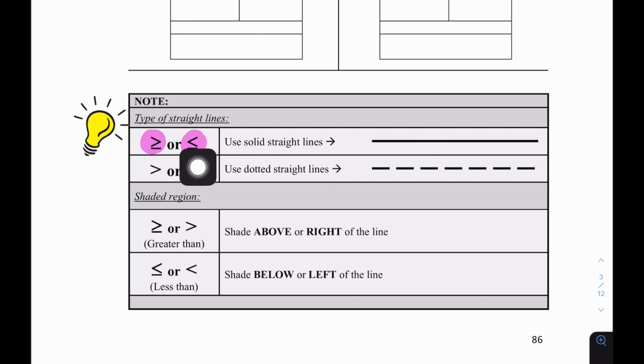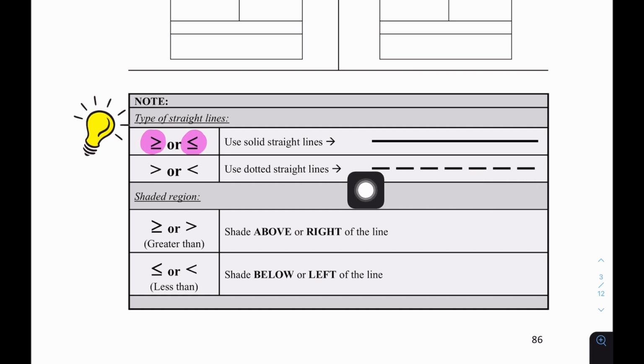When there is an equal sign, your line will be solid. But if you only have more than or less than without the equal sign, you will draw it as a dotted straight line. Kalau ada sama dengan garis penuh. Kalau tak ada sama dengan garis putus.